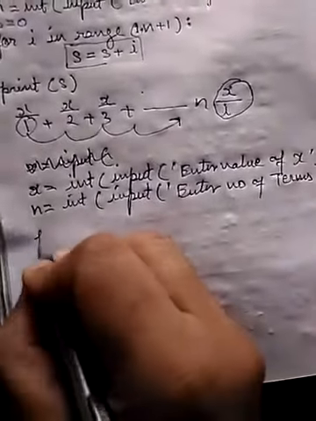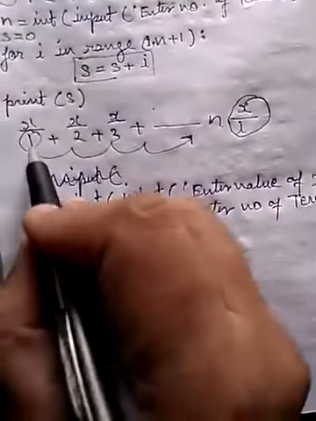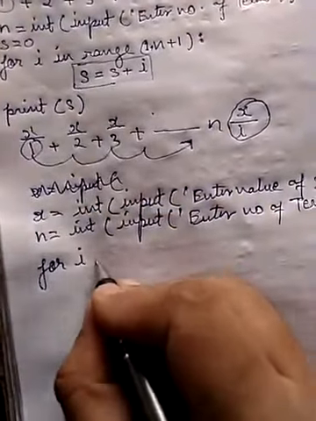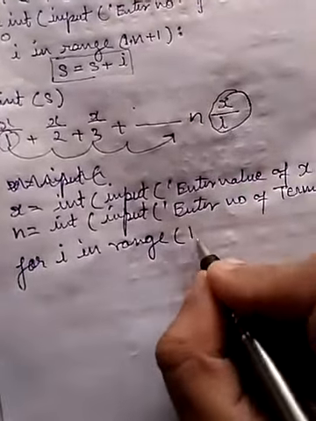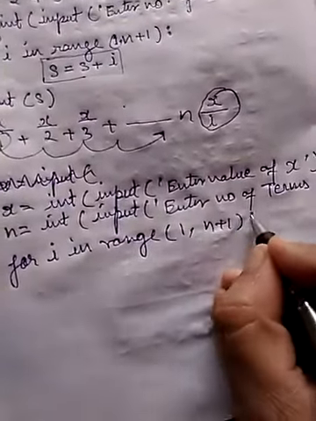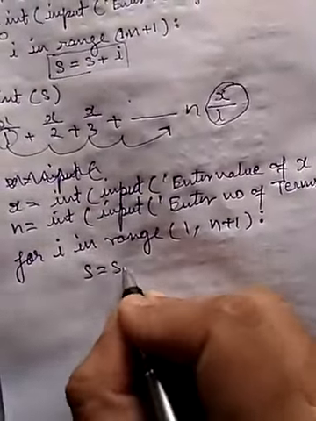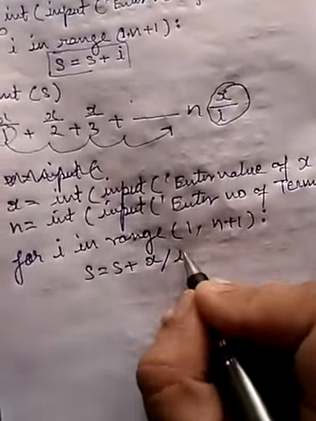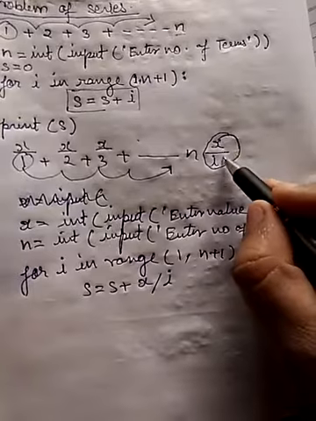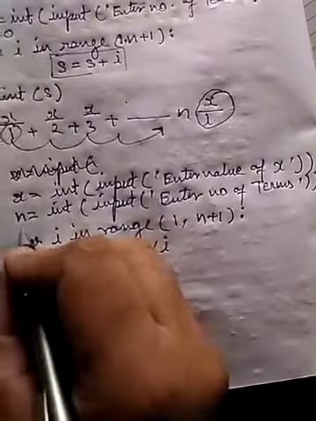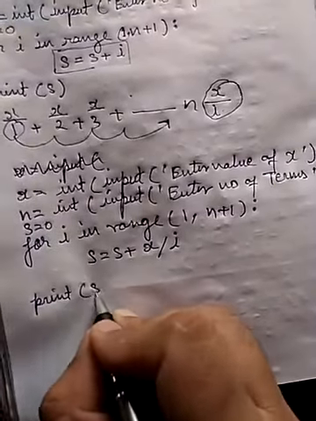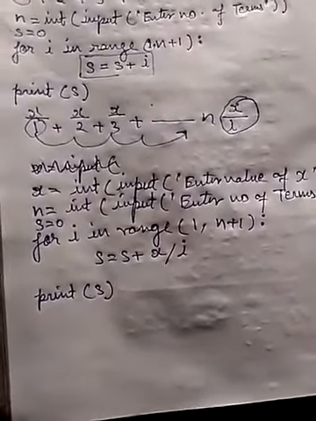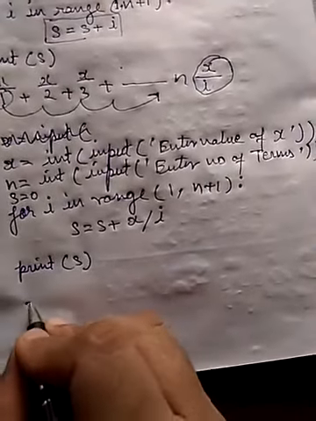Now you need to write the loop. I starts from 1 to n, so for I in range 1 to n. Now sum equal to sum plus x upon I, because here we see that I is in the denominator of x. The starting value of the sum should be 0. After the loop print sum.